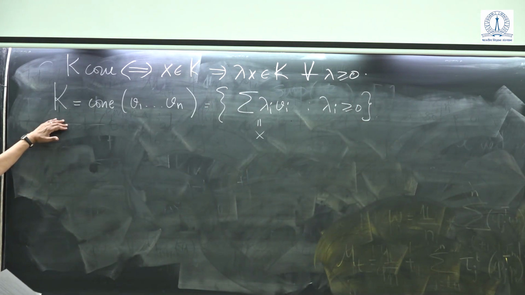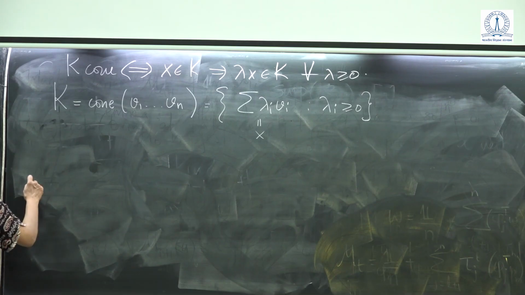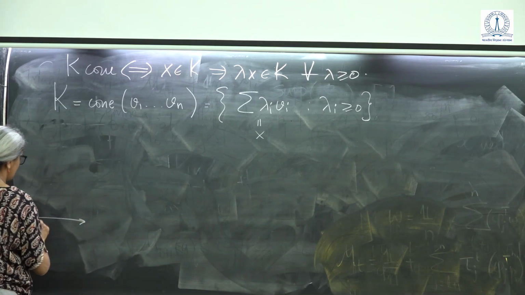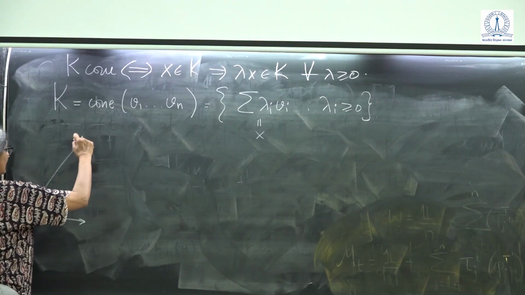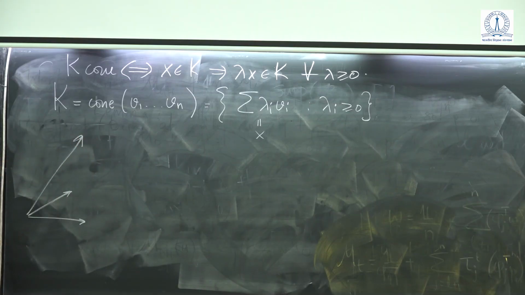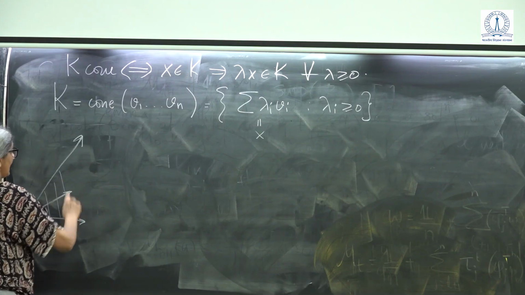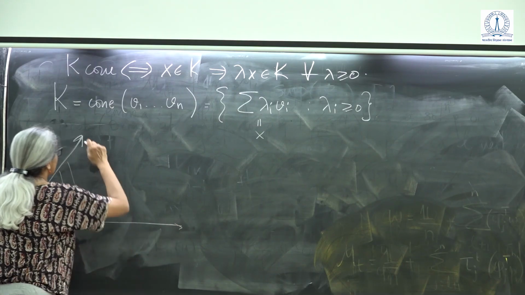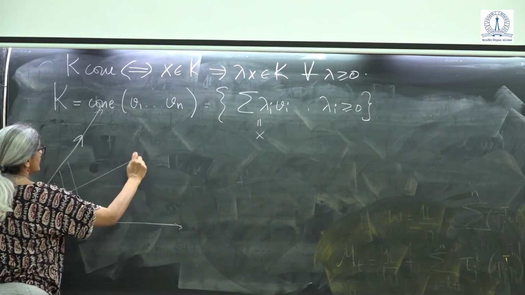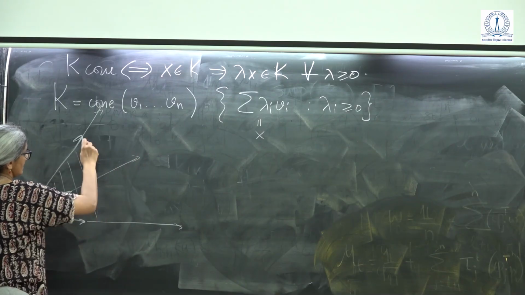This is a special type of cone, the set of all linear combinations of finitely many things. An example: I could take this vector and that vector. This could be my v1, v2, v3. If I take the cone spanned by them, I get everything obtained by expanding these. The middle one doesn't matter.